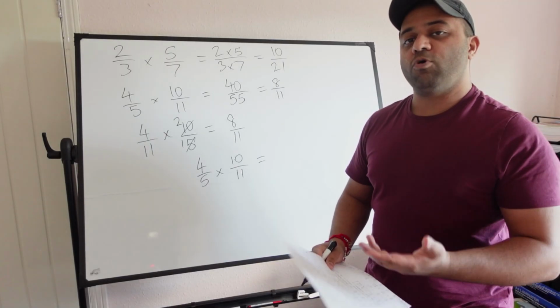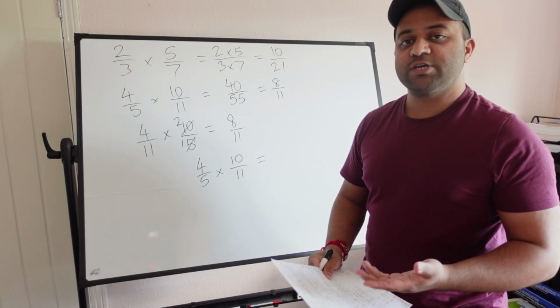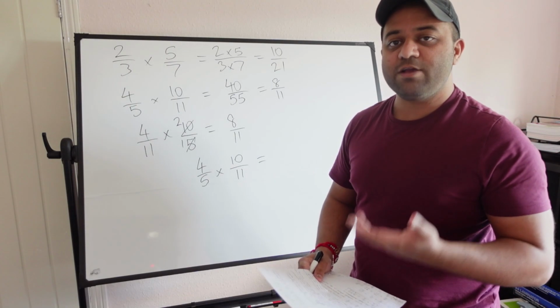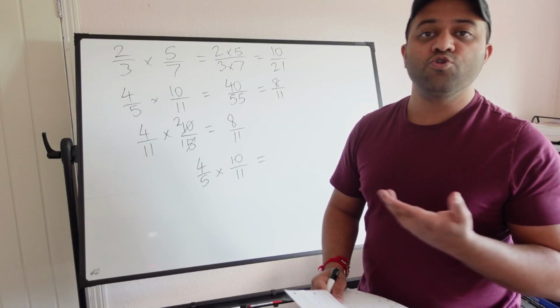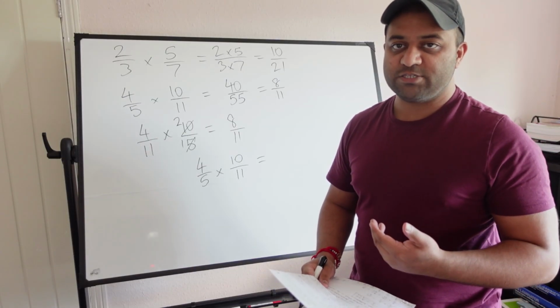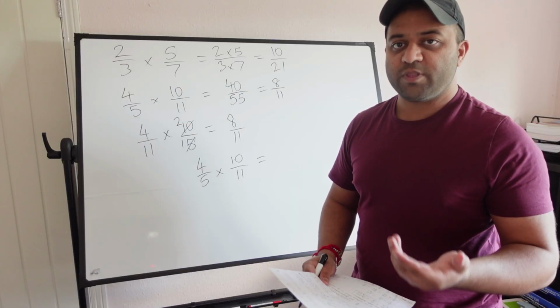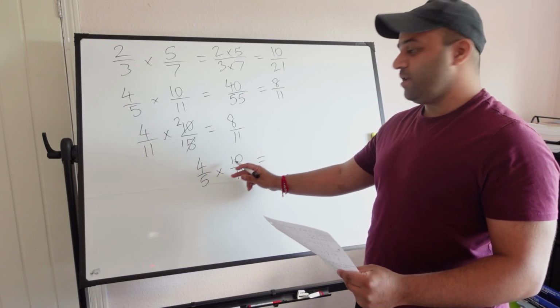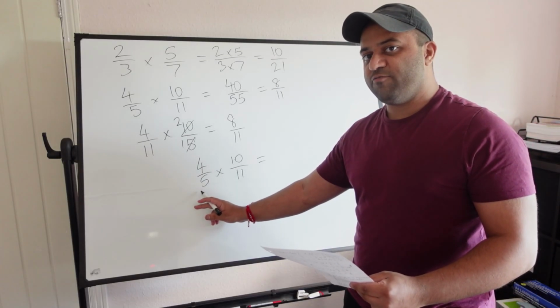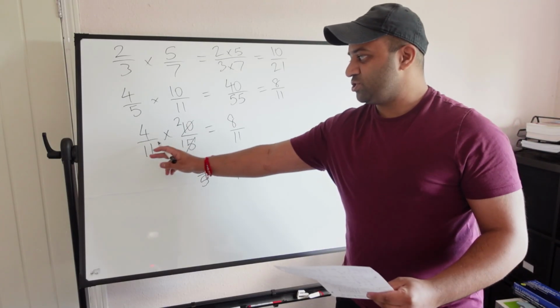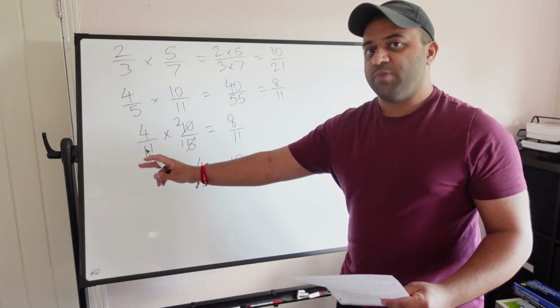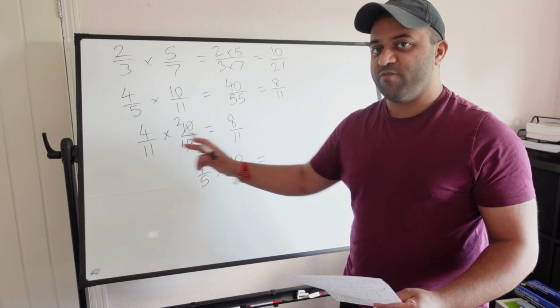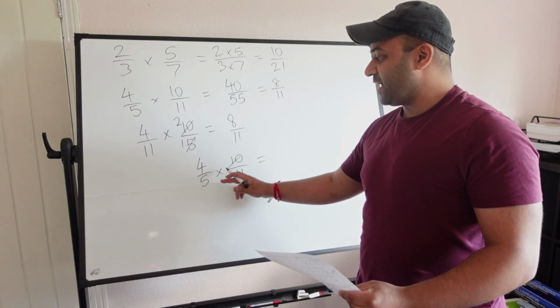So before doing any multiplications, we can look for any common factors between the numerators and the denominators. It doesn't matter where they are, as long as there's a numerator, in this case 10, and this denominator of 5, because it's equivalent, as we saw earlier, by switching multiplication, we're allowed to cancel right here.